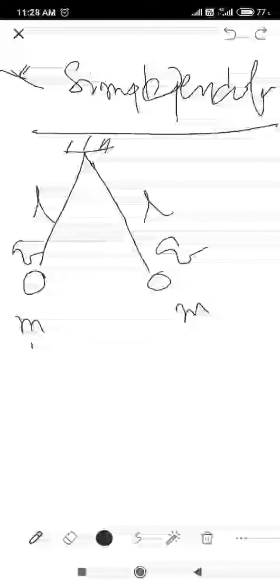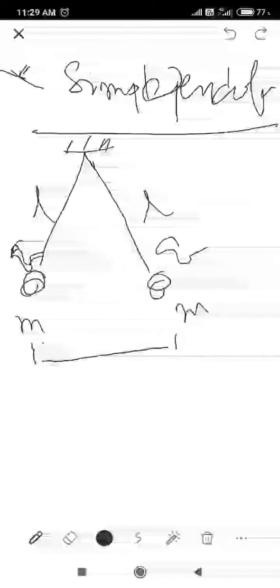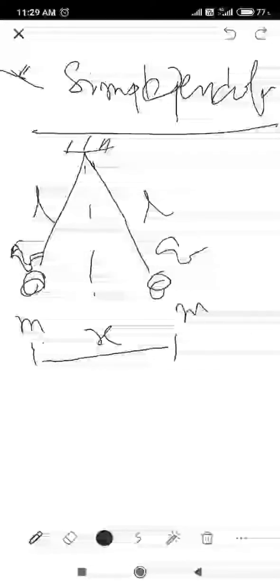Because of identical charge, there will be repulsive force. Because of this repulsive force, these two spheres will repel, and suppose that the gap between the two spheres is x, and here this semi vertical angle is theta, then this angle is also theta.